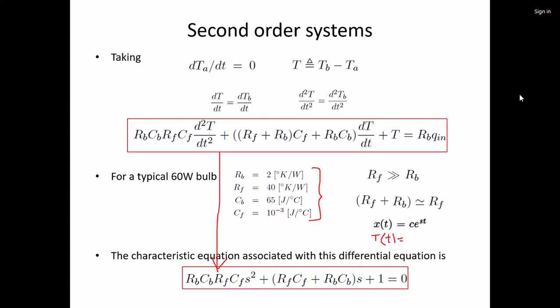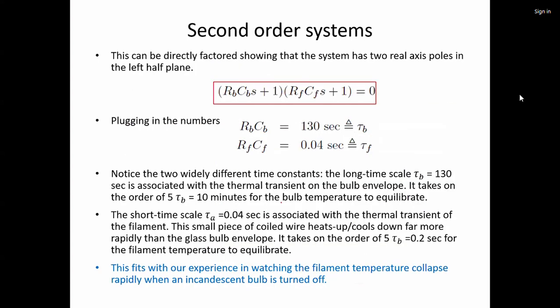RF CF is 40 into 10 to the minus 3, that is 0.04. Remember, R into C, resistance times capacitance, gives you a time constant. Let's call RB CB tau B and RF CF tau F. So tau B is about 130 seconds, and tau F is only 0.04 second.